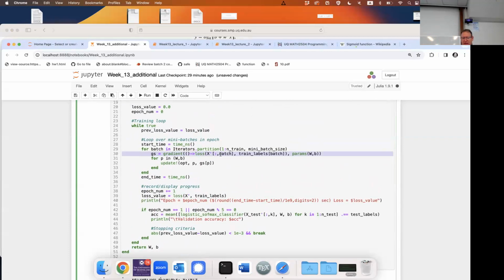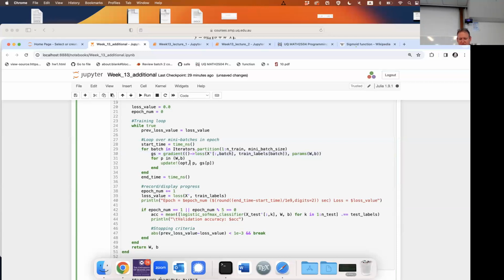The next important thing, please stop me at any point if there's something. The next important thing that you want to understand for gradient descent is how to do the gradient step.